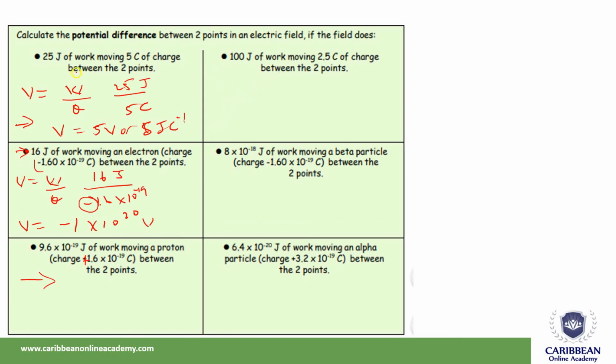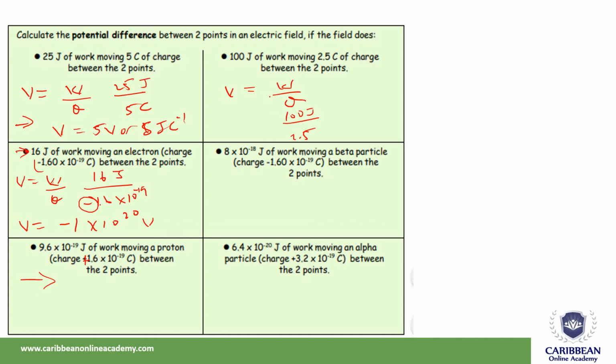So the question says calculate the potential difference between 2 points if we have 100 joules. So clearly we have to use the equation that says potential difference is equal to the work done per unit charge, and the work done is 100 joules divided by the charge, which is 2.5.